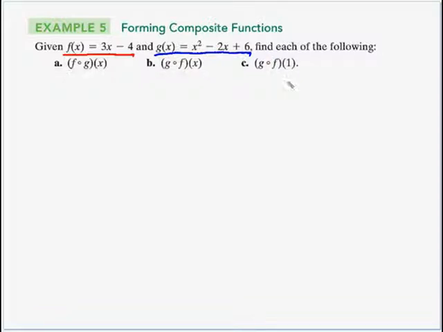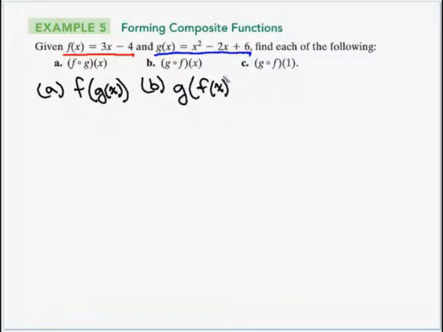So let's see here, and I prefer this notation for letter A: f compose g of x is f of g of x. And for letter B, g compose f of x, g of f of x. For the first one, f compose g of x, or f of g of x, I'm going to take the g function and plug it into the f function.